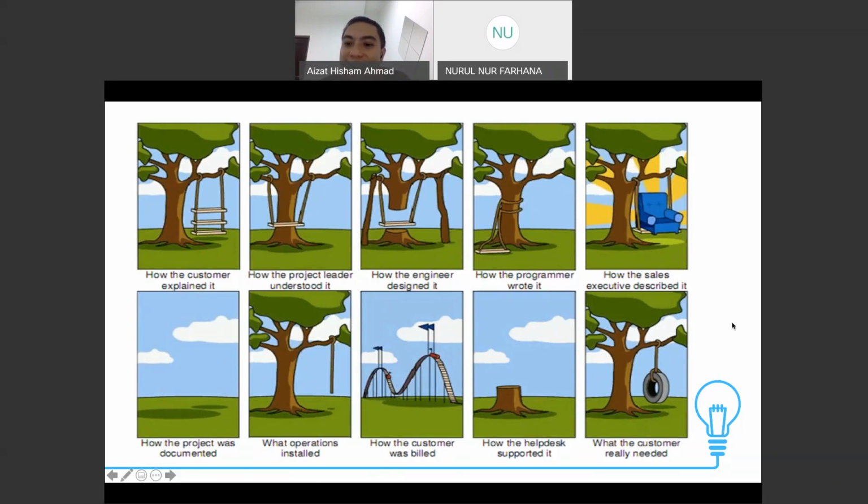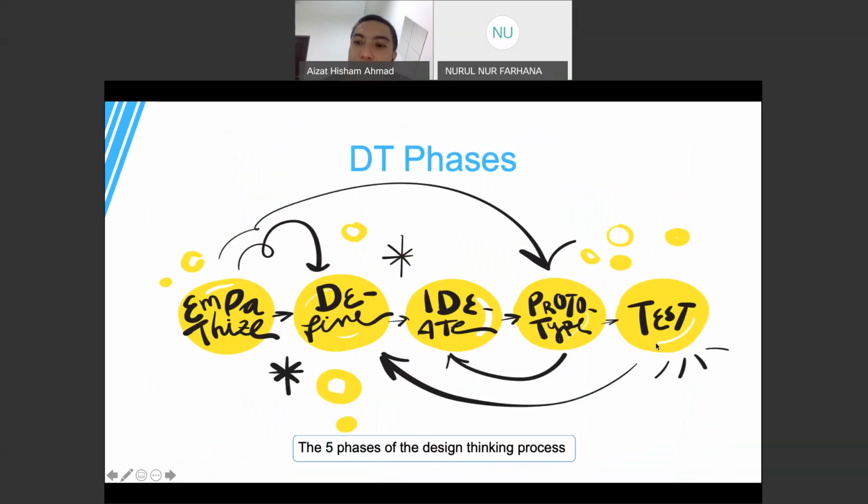And if you look here, the customer actually explained differently and wanted something different. So from this photo alone, you can visualize why design thinking is very crucial when it comes to solving problems for the users, the stakeholders, or the customers.